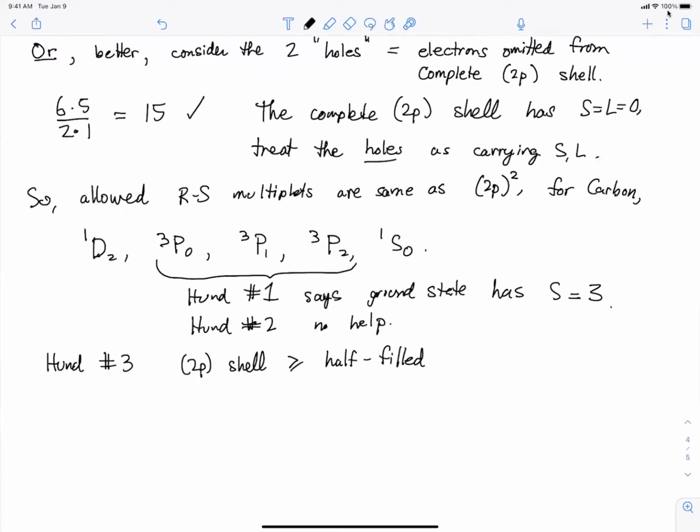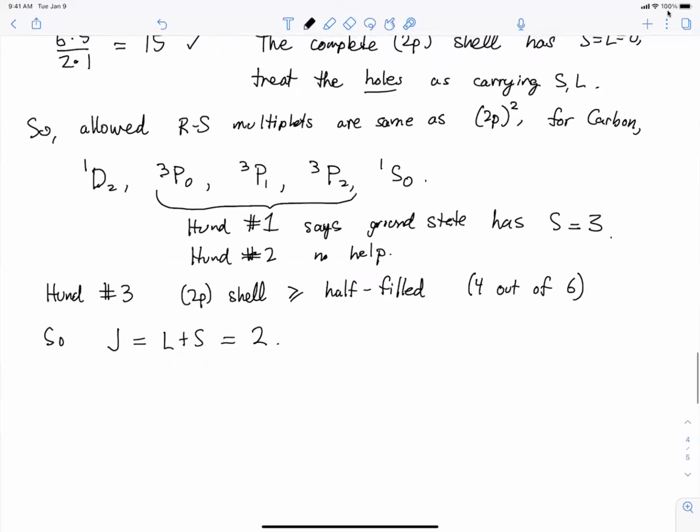It's greater than or equal to half filled because it's 4 out of 6. Okay, and so the J that wins is the largest one, not the smallest one. And the J that wins is going to be 2. So that means that of these, the winner is going to be this one, the one with J equals 2. And so 3p2 is the ground state.